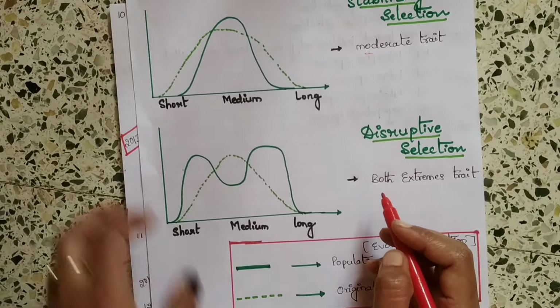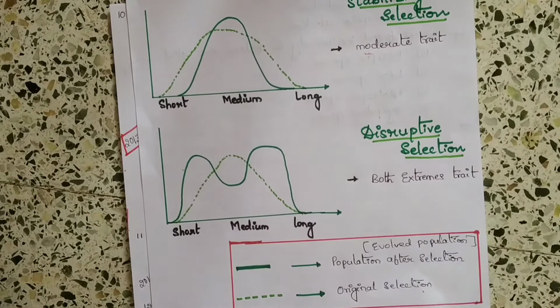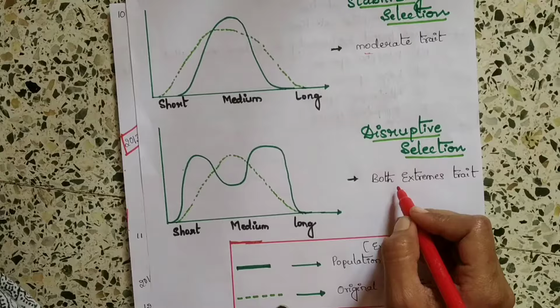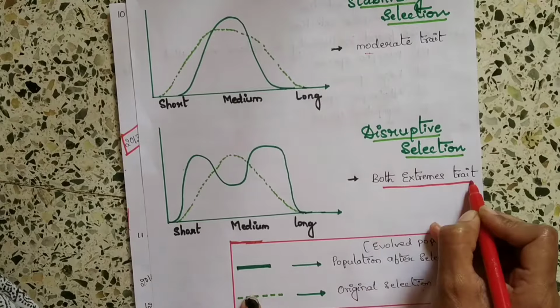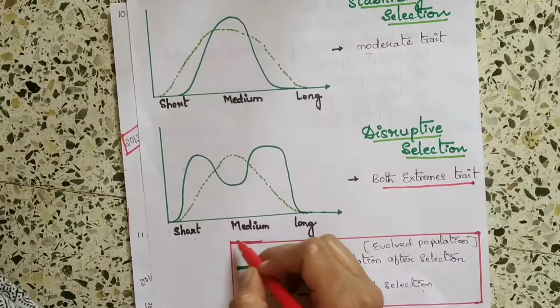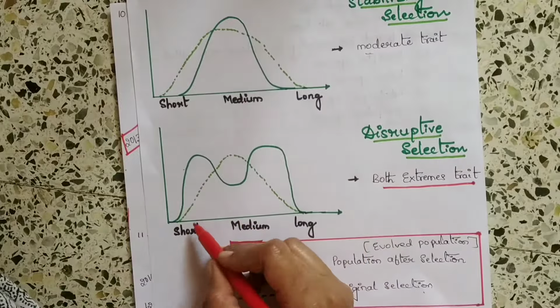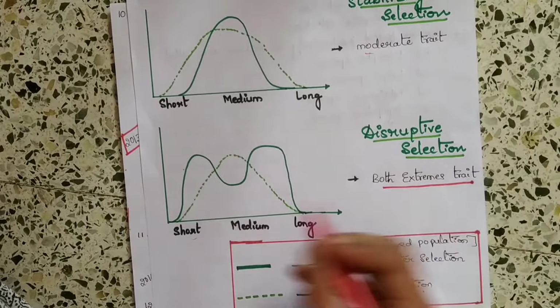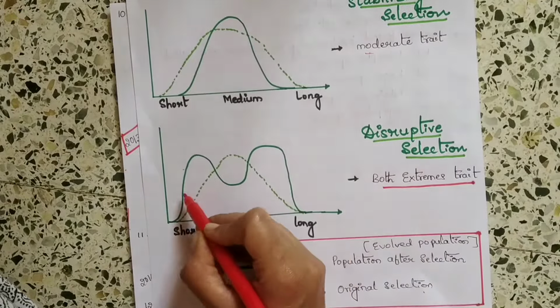The third one is disruptive selection. Here you are selecting both extremities of the trait, both short and long, against the medium. You can see in the diagram, this is the original, this is the evolved one.